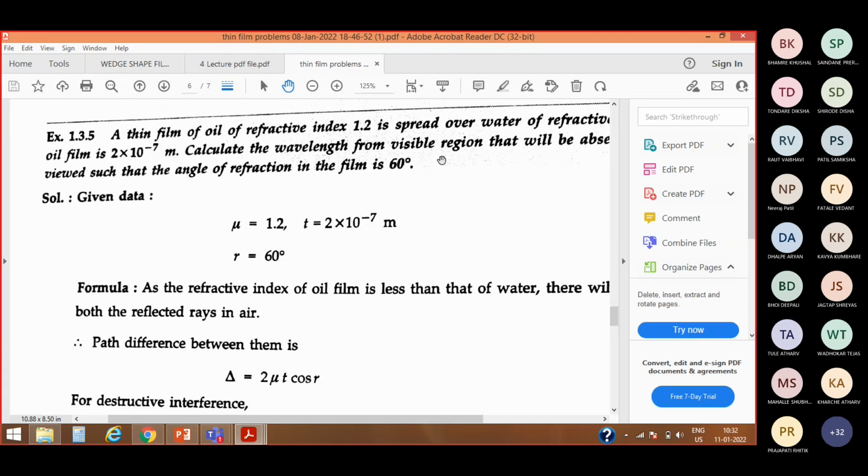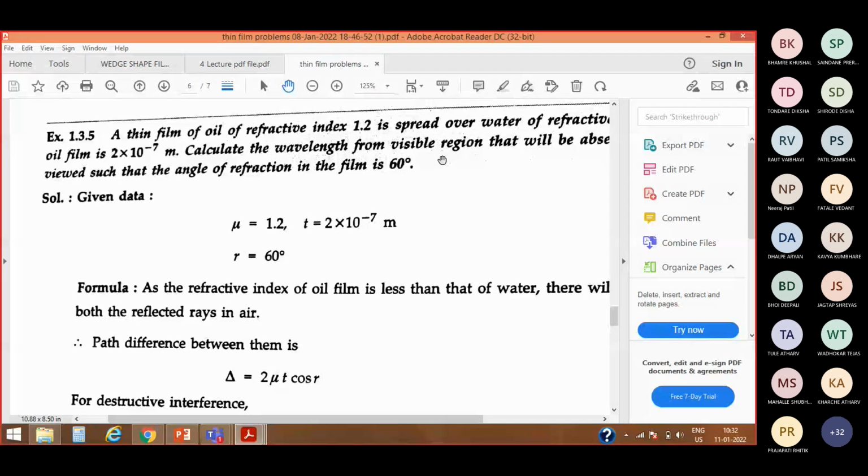Find the wavelength of light in the visible spectrum which will be absent from the reflected light. Absent means dark.